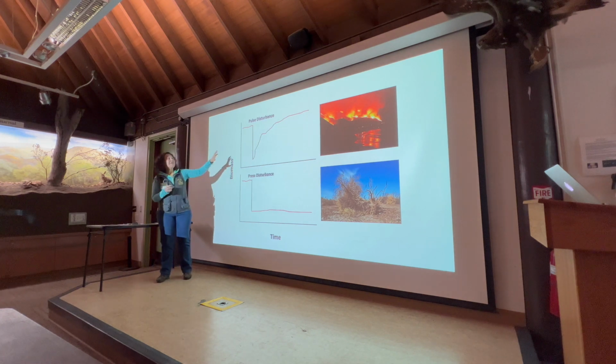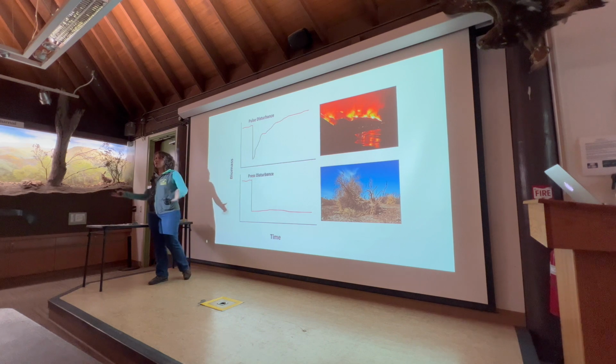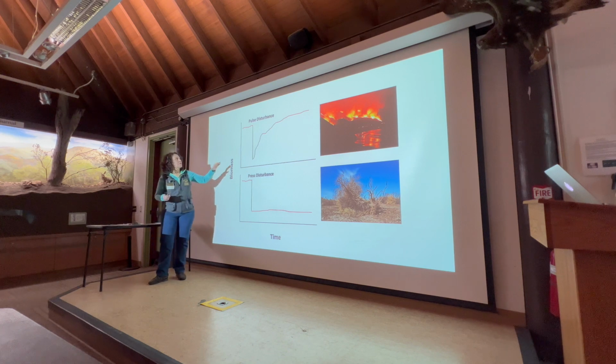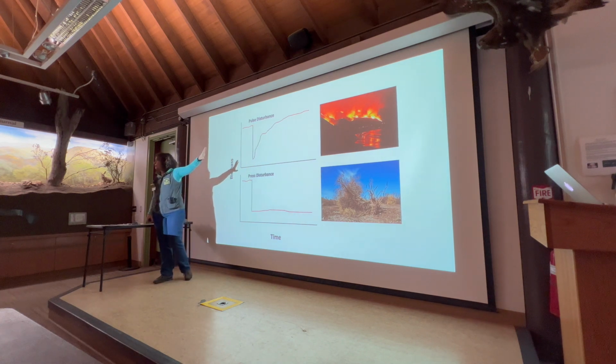Very interesting, though. Okay, so disturbances are anything that causes a loss of biomass. This is not on the scale of the whole planet or the whole history of Earth, but here in the park, kind of human scale, right? We have pulse disturbances, which are like a fire burning through here, which happens pretty often.